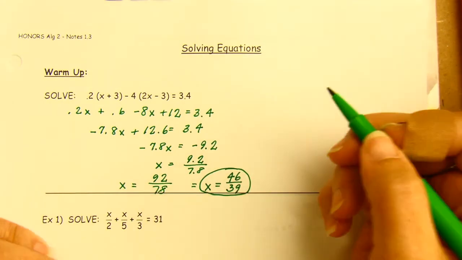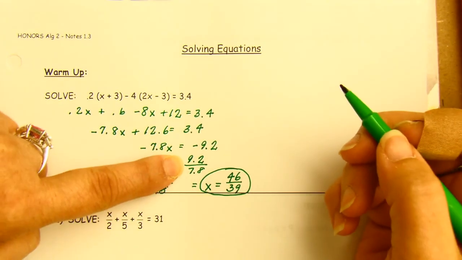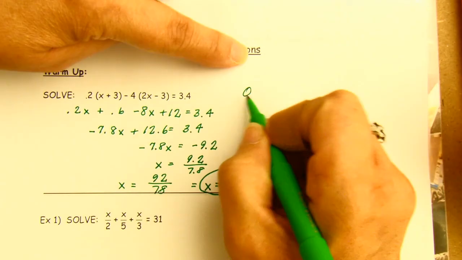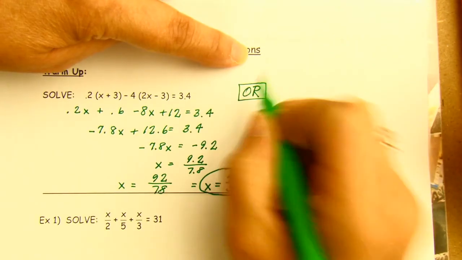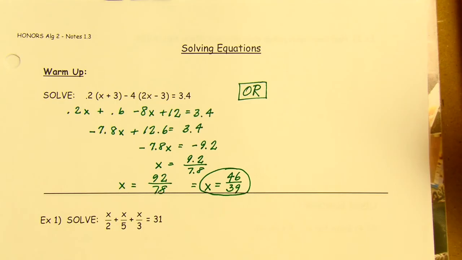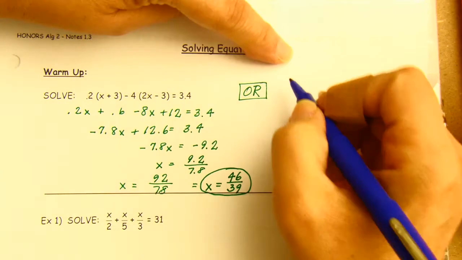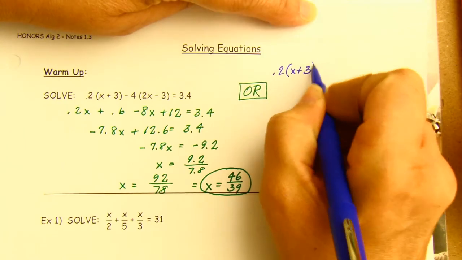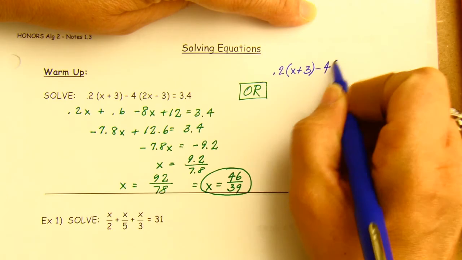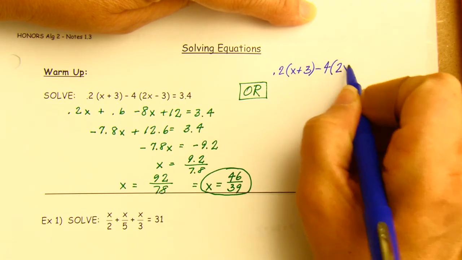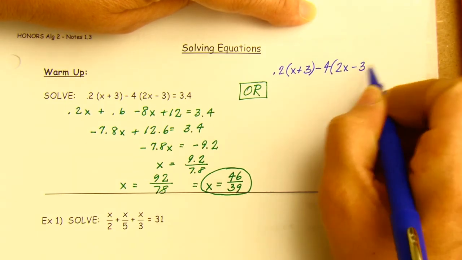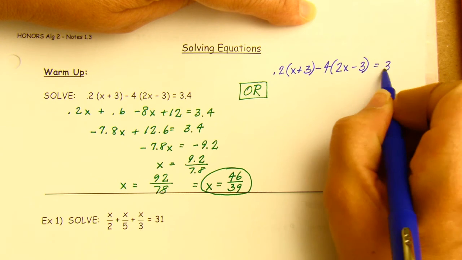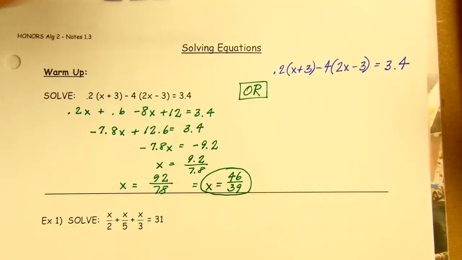Or, instead of multiplying by 10 over 10 here at the last step, you could have multiplied the equation by 10. Now remember, if I copy this, 0.2 times quantity x plus 3, subtract 4 times quantity 2x, subtract 3 equals 3.4, I really have 3 terms here.